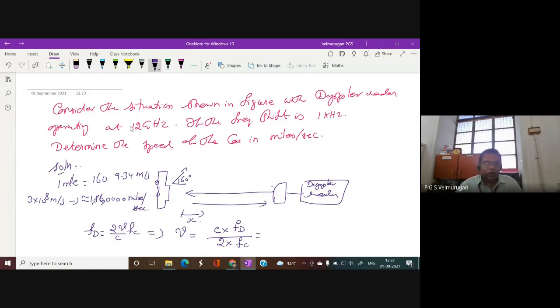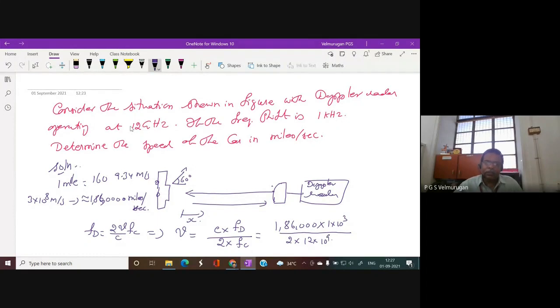Okay, so in the place of velocity, substitute this: 186,000 into, what is our fd? Doppler shift is 1 × 10³ divided by 2 into, what is fc? It is nothing but 12 into 10 power of 9, right?